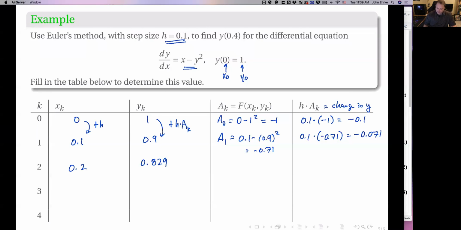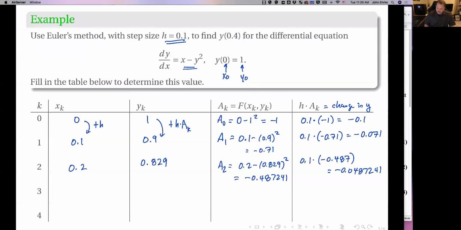Okay, let's just do it again. You've got the A2 value, so this is the next tangent slope. It would be 0.2 minus the Y value squared. This turns out to be negative 0.487241. And then if I multiply it by the step size, we're going to get negative 0.0487241.